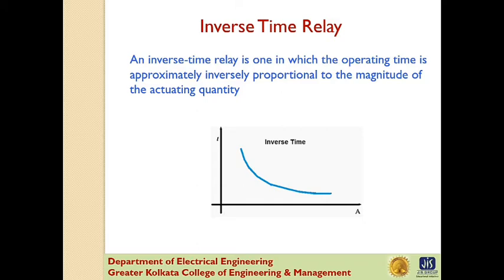The piston in the oil dashpot, attached to the moving plunger, slows its upward motion at a current value just equal to the pickup. The plunger moves slowly and the time delay is at maximum. At higher values of relay current, the delay time is shortened due to greater pull on the plunger.